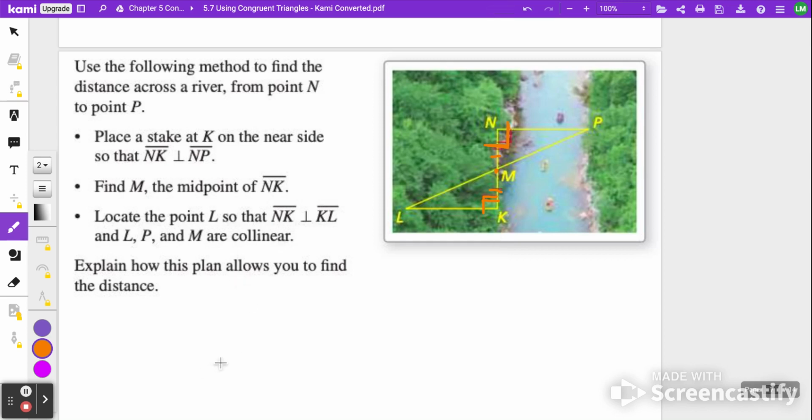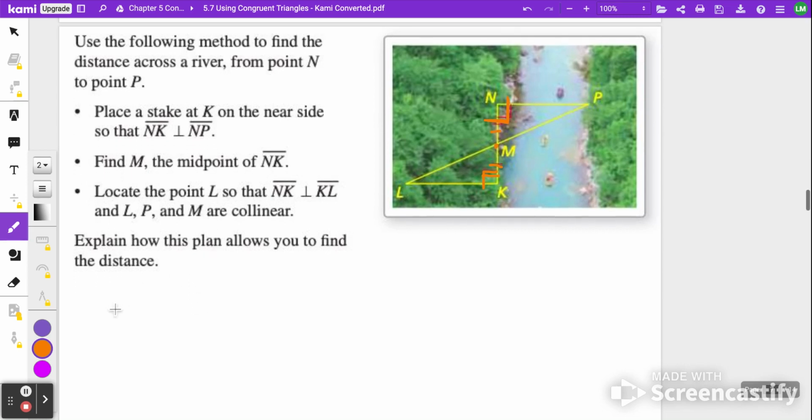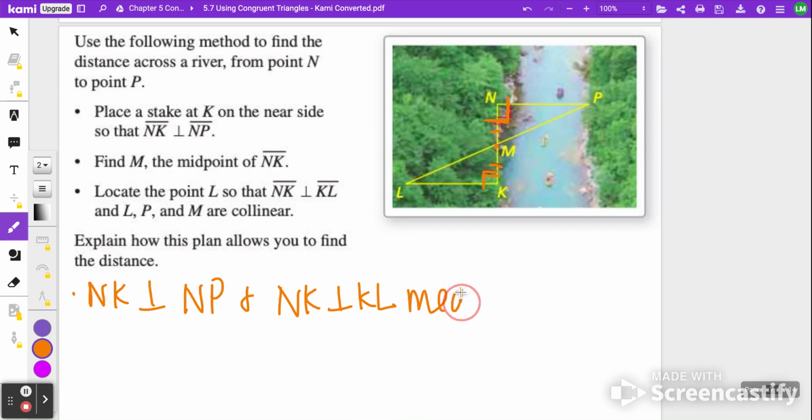Explain how this plan helps you find the distance. Well, first thing we start off is looking at those perpendicular lines. I know that NK is perpendicular to NP, and NK is perpendicular to KL, which means 90-degree angles, which is also drawn.